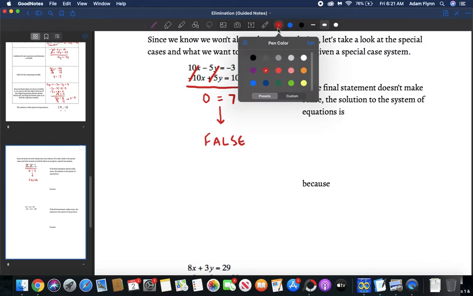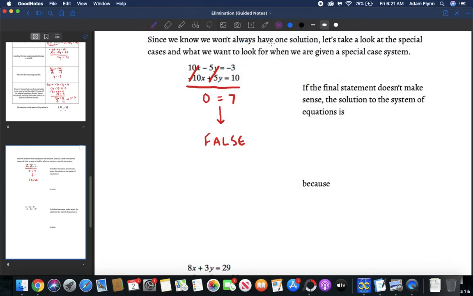Okay, so if the final statement, and by the final statement I mean this final equation once you've gone through the elimination process, doesn't make any sense, the solution to the system of equations is no solution.